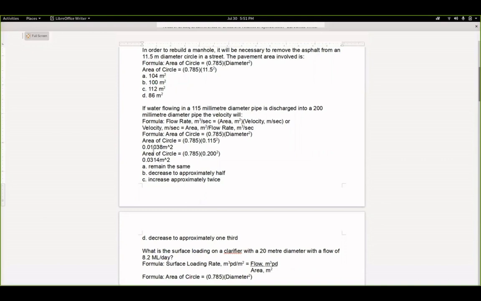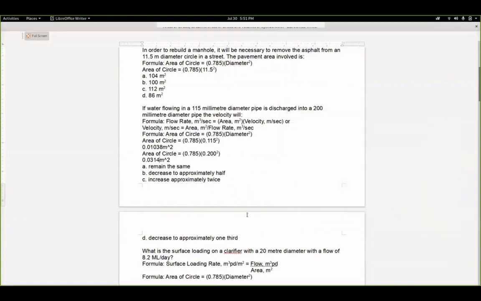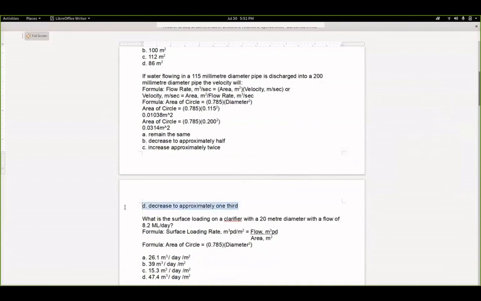Now we compare the numbers 0.0314 to 0.01038, and we can divide this by 0.01038 to see that it's about 3 times as large, so it's going to decrease to approximately 1/3 because it's now going through an area that's about 3 times as big, so the velocity will decrease to about 1/3.